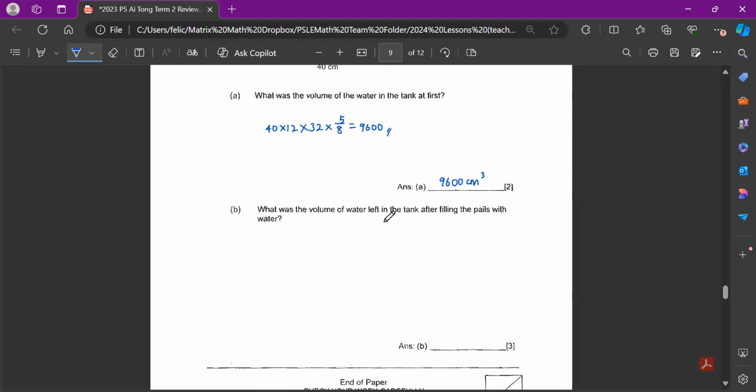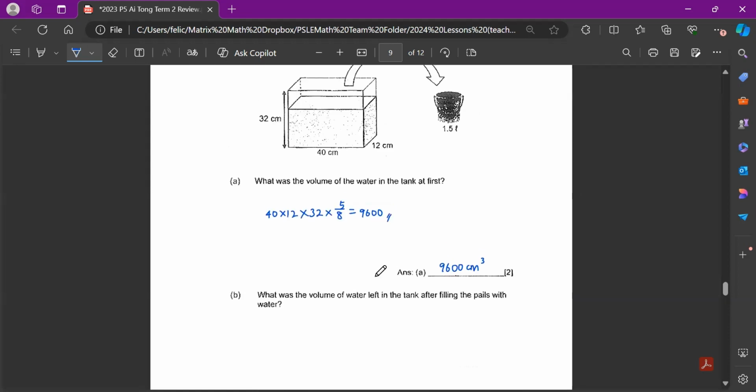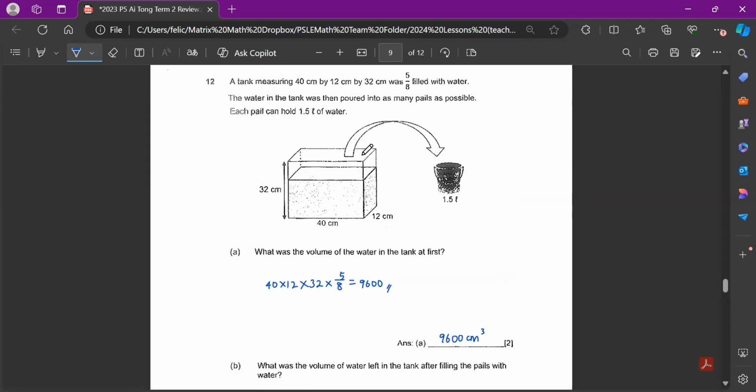Now, B, what was the volume of water left in the tank after filling the pails with water? So we are expecting a remainder in the tank. Okay, so notice that each pail, it says it can hold 1.5 liters. Now take note, liters and cm3, the units of measurement are very different. So do your conversion first. Always convert all to cm3 first.